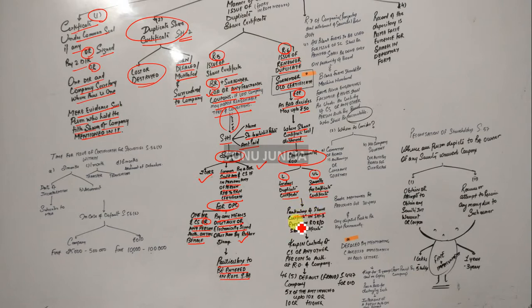The particulars of the share certificate are required to be entered in a register maintained for this purpose, renewed or duplicate, and shall be issued in form SH2 and be kept in the custody of the CS or any person authorized in this behalf at the registered office of the company.